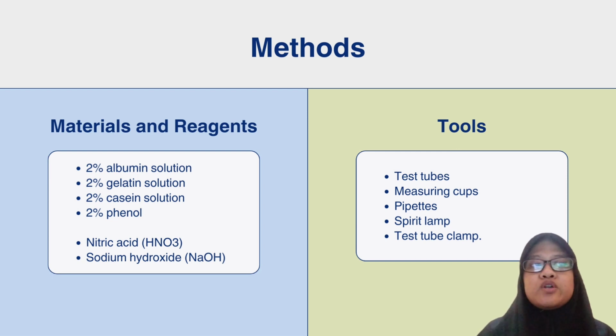The reagents that we use in this experiment are nitric acid and sodium hydroxide. Some tools that we use in this experiment, namely test tubes, measuring cups, pipette, spirit lamp, and test tube clamp.